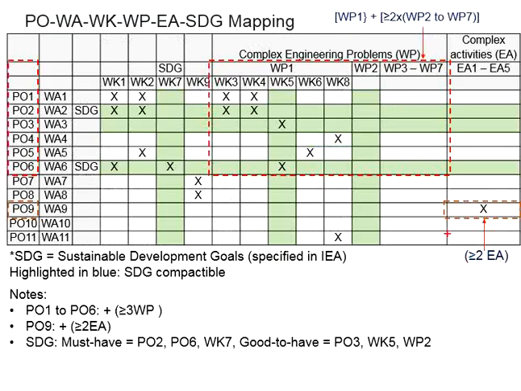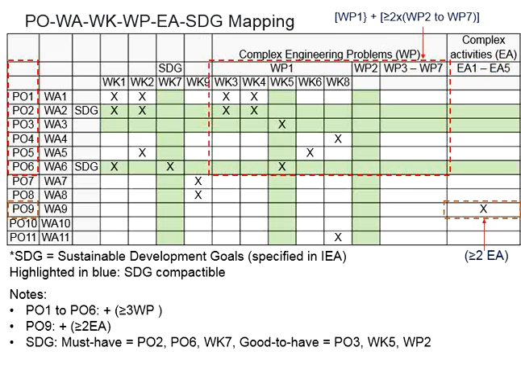You will need at least 2 EA to have the complex engineering activities. With that, if you are dealing with PO1 to PO6, you will need at least 3 WP, one of which must be WP1. If you are dealing with PO9, you will need at least 2 EA, any 2 out of the 5.